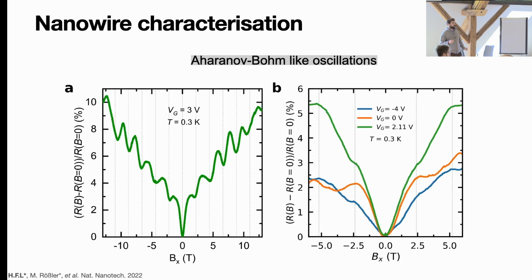Let me also say that to really convince you that these are quantum confined surface states, if you apply the magnetic field parallel to the nanowire, you see Aharonov-Bohm-like oscillations, which are set by the cross-section of the nanowire. By threading a flux through this state which wraps around the surface of the nanowire, I get these AB-like features in my resistance.